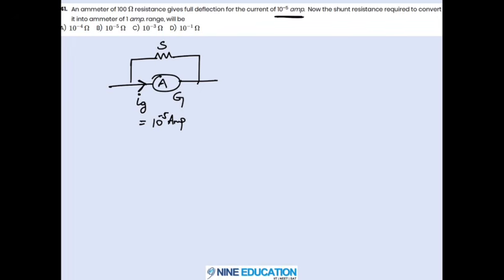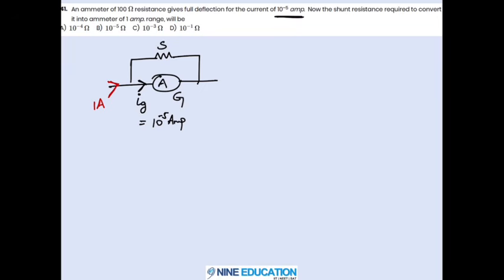Now, this entire system is the new ammeter whose current range is 1 ampere. That means the maximum current that can pass through the new ammeter is 1 ampere. Got it?